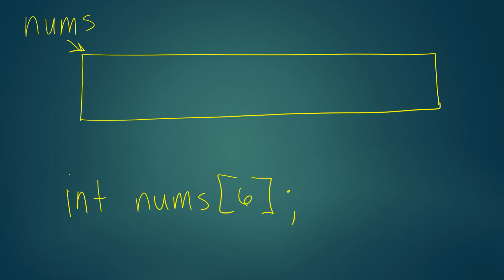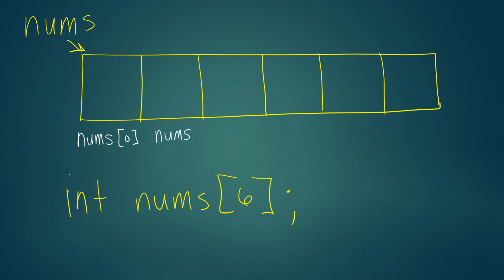Nums is a pointer to an integer. This is nums at index 0. This is nums at index 1, 2, 3, 4, 5.